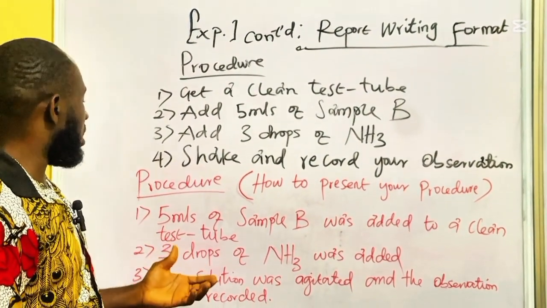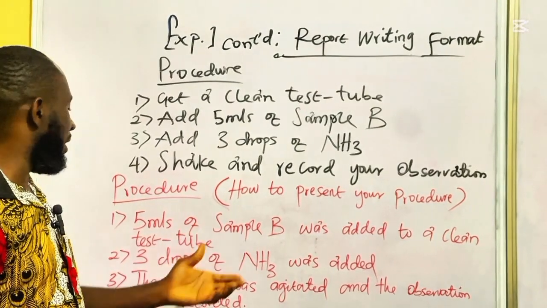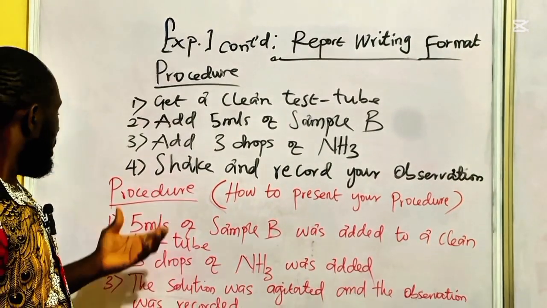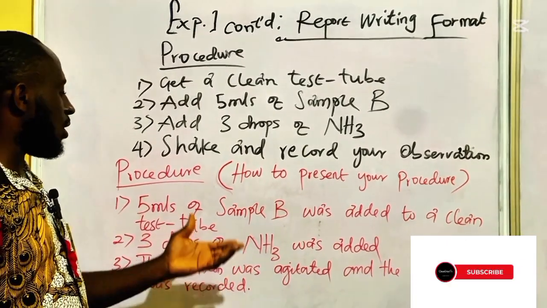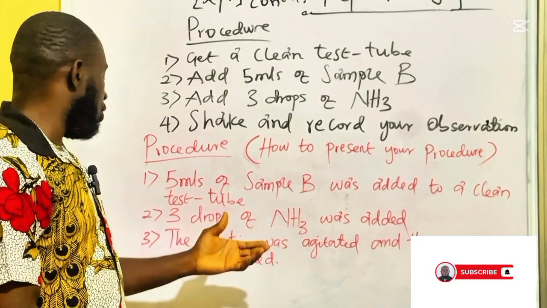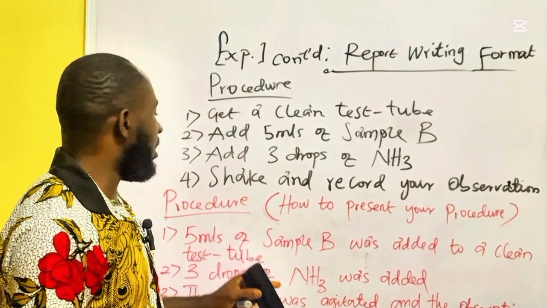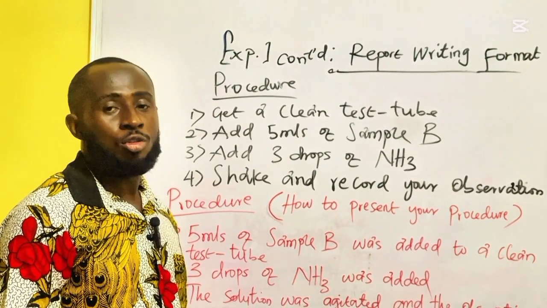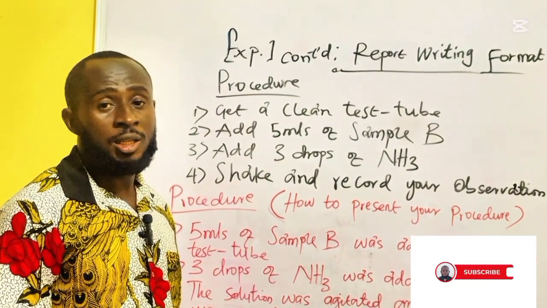It's very concise. 5 ml of sample B was added to a clean test tube. 3 drops of ammonia was added, the solution was shaken and the observation was recorded. This is very simple. So anyone that is reading this will understand what you have done in the lab and will be able to reproduce what you have done in the lab.